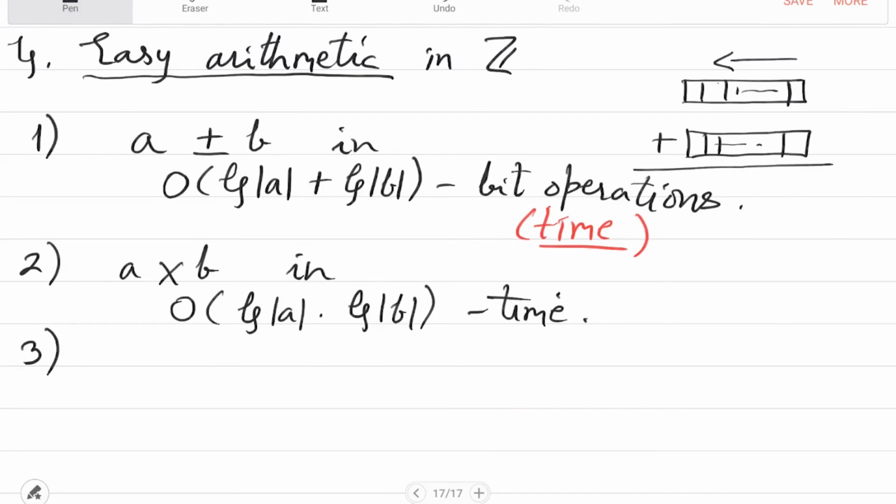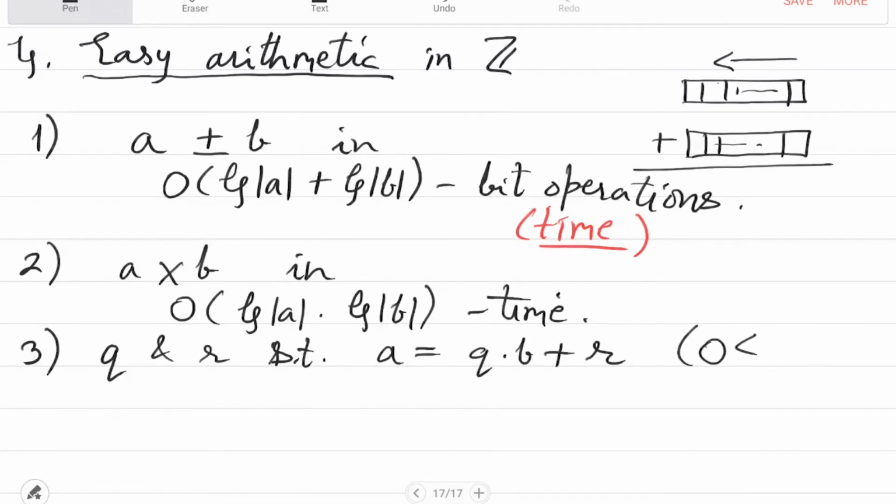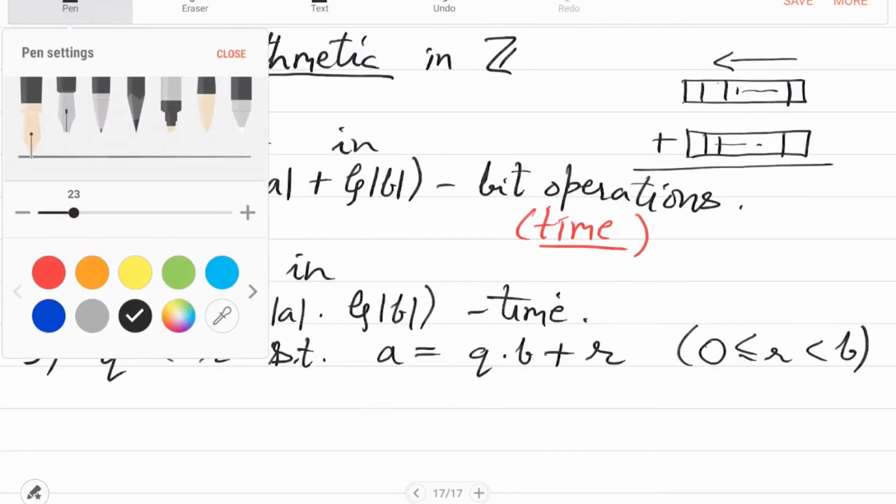So you have to do long division. So you want to find Q and R, quotient and remainder, such that A is equal to Q times B plus R, and R is smaller than B. So how do you do this long division?